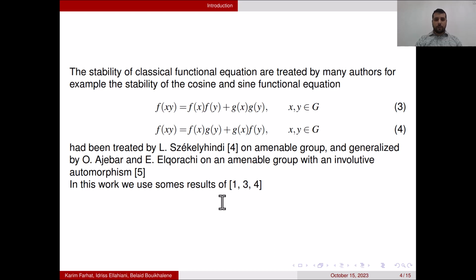For example, the stability of the cosine and sine functional equations (3) and (4) has been treated by L. Székelyhidi, see the reference for more detail, on nominable groups, and generalized by O. Ajbar and E. Elqorachi on a nominable group with an involutive automorphism. See reference 5. In this work we use some results of references 1, 3 and 4.